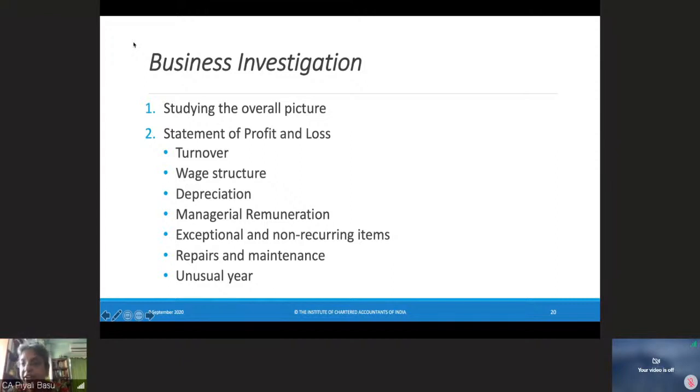Exceptional and non-recurring items. One of the areas where you look is other expenditure. Miscellaneous expenditure, the other expenditure head, and see what the components of other expenditure are. Try to identify what nature of transactions pass through them. Maybe some are not correctly accounted for.